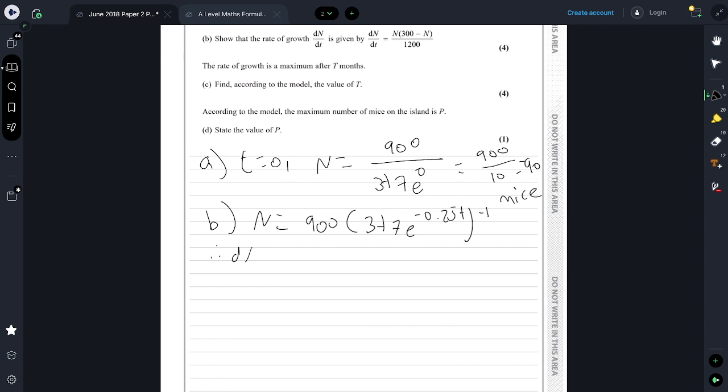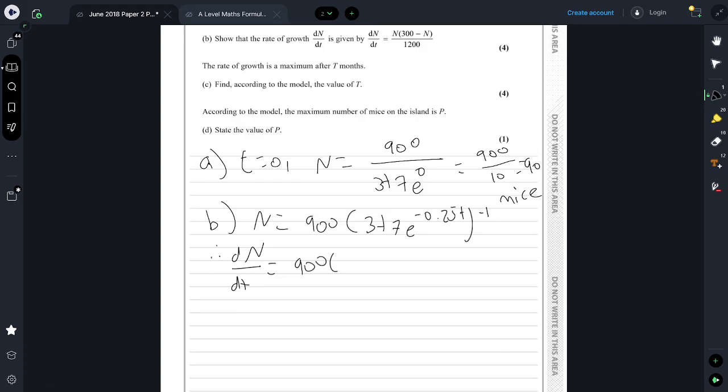So yeah, dN by dt. Again, it's like the last question we did a few questions ago. Differentiate a fraction like this. So 900 times the derivative. What's the derivative?